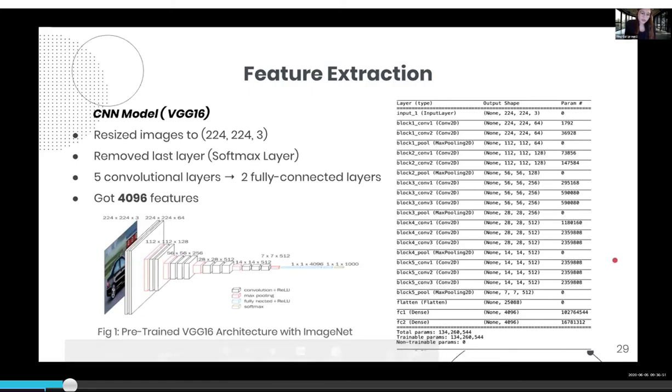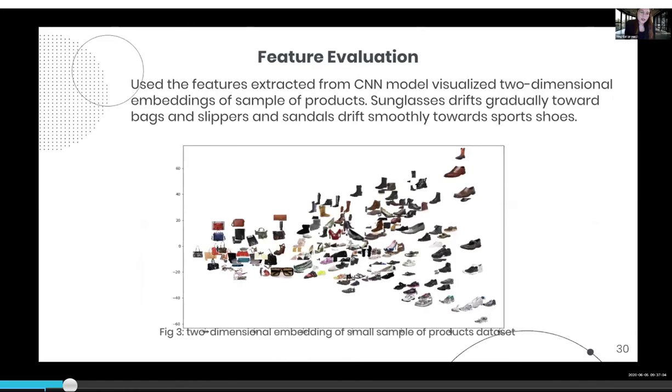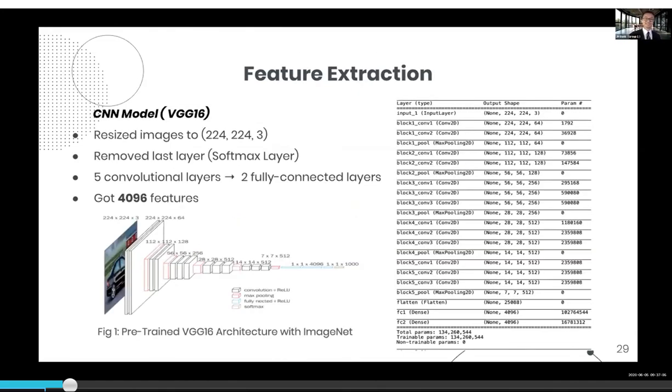It was pre-trained on 1.2 million ImageNet images and has 5 convolutional layers and 3 fully connected layers. Since the last layer of this model is for classification, we just used the output of the second fully connected layer, which gave us 4,096 features.